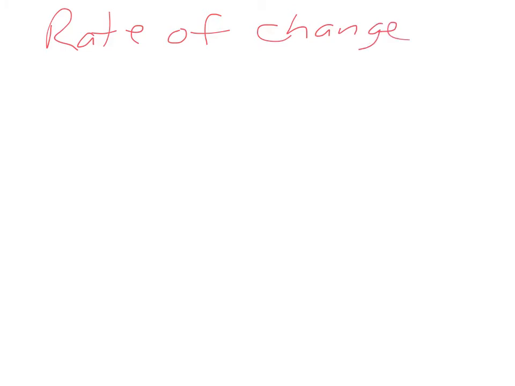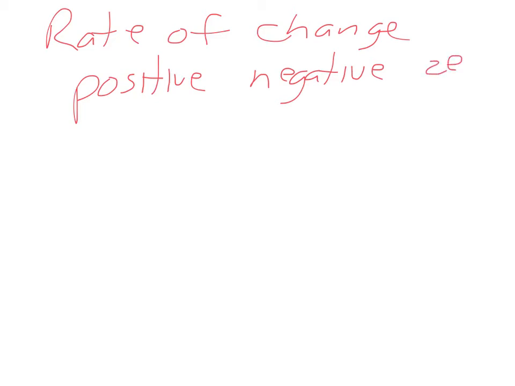And let's talk about, there are 3 types of rate of change. There's a positive rate of change, there's a negative rate of change, and there's a 0 rate of change.